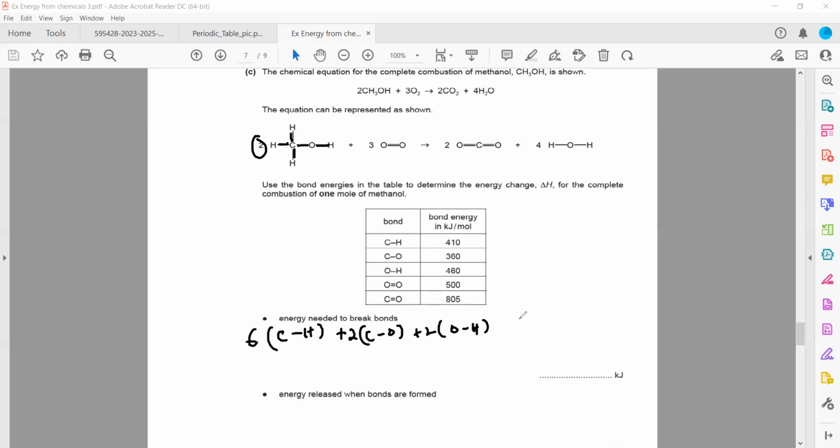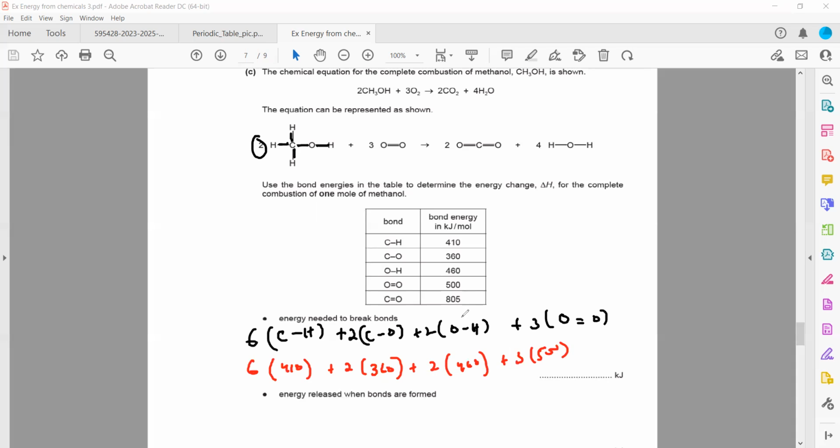And O double bonded with O, and that is multiplied by 3. So it will be 6 into the CH bond energy, which is 410, then 2 into the CO bond energy, that is 360, plus 2 into the OH bond energy, that is 460, plus 3 into O double bonded with O, that is 500.